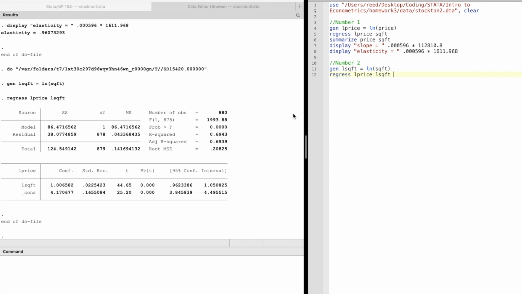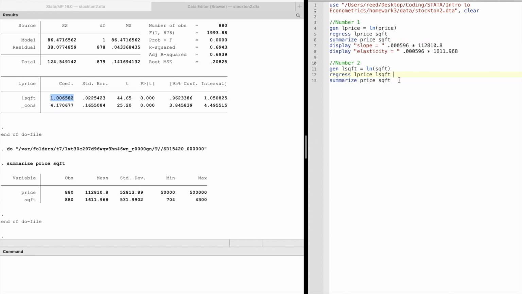So if we want to find our slope, we've got to multiply this value by price over square footage. So let's do that. Let's see what we're looking at, the means again. So we have this, and then display slope equals our beta times price over square footage.